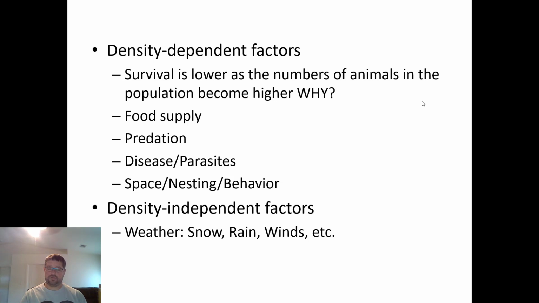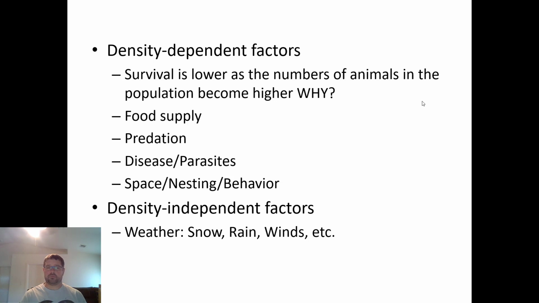Density-dependent factors are things that change or become more important as the density of the population, how many individuals you have in a given space, increases or decreases. For example, let's talk about food supply. If organisms occupy a space on the landscape, as their density increases, the amount of food competition also increases.